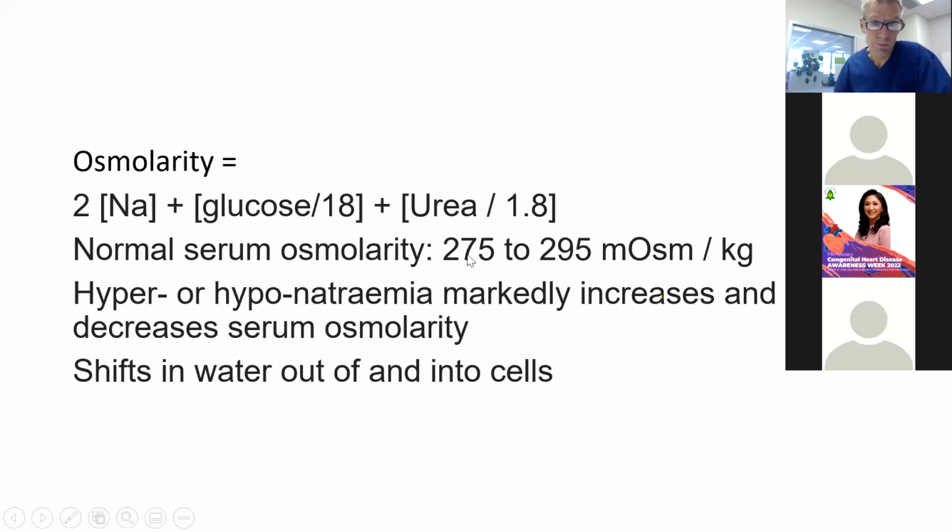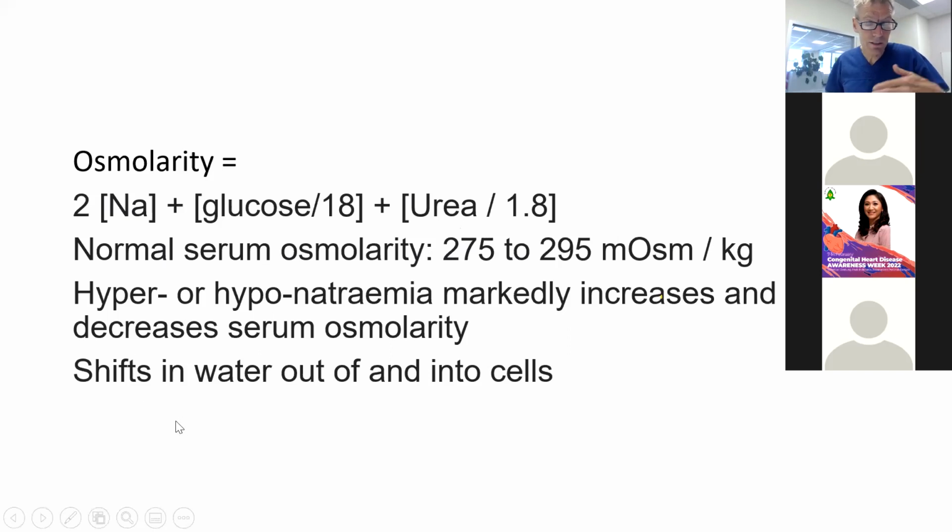And the normal serum osmolarity is 275 to 295 milliosmoles per kilogram. And the reason I go through this now is that if you have severe hypernatremia, a very high serum sodium, or a very low serum sodium, that markedly increases or decreases the serum osmolarity because you've got 2 times the sodium.